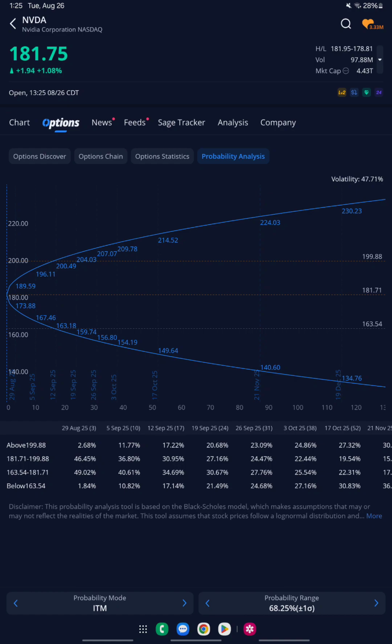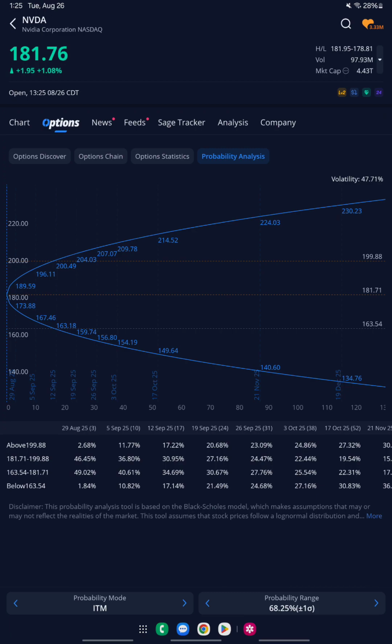Under normal conditions of the market, these are the ranges of prices that NVIDIA can go up or down. That's the important part for us to take away here.